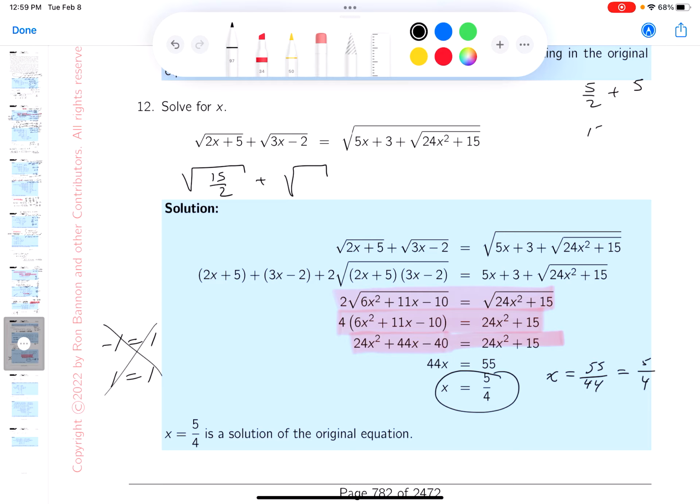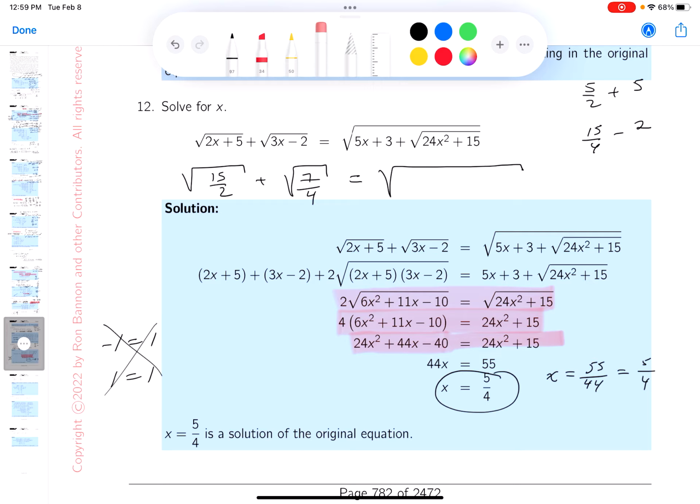I'll write that down for you. Minus 2. Well, it's going to be 15 minus 8, which is 7/4. All right? Don't panic yet. Keep going through this. And again, I'm still checking 5/4, right?